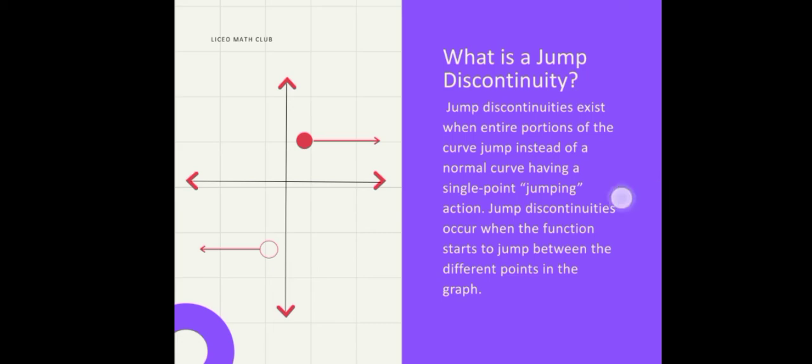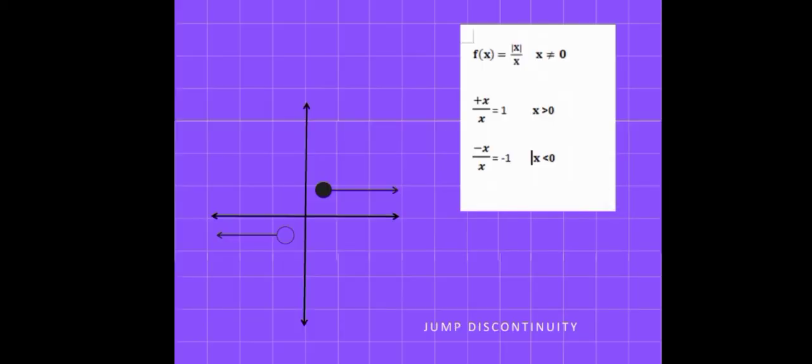For example, f of x equals the absolute value of x over x. We can observe that the denominator is x, so x cannot be equal to 0 because it will be undefined. So we consider the situations where x is greater than 0 and x is less than 0.